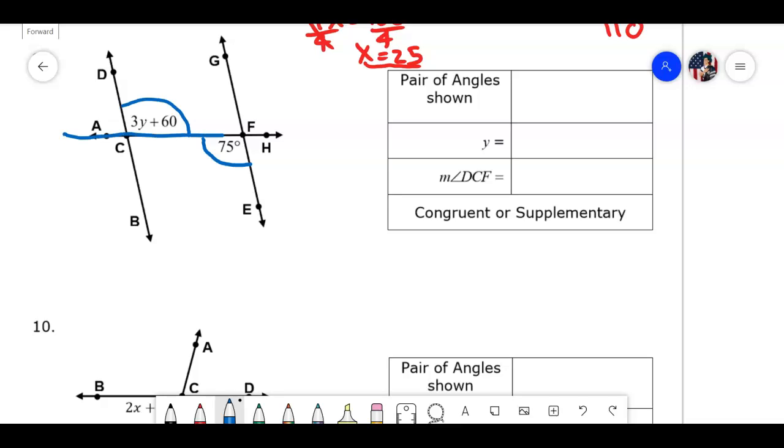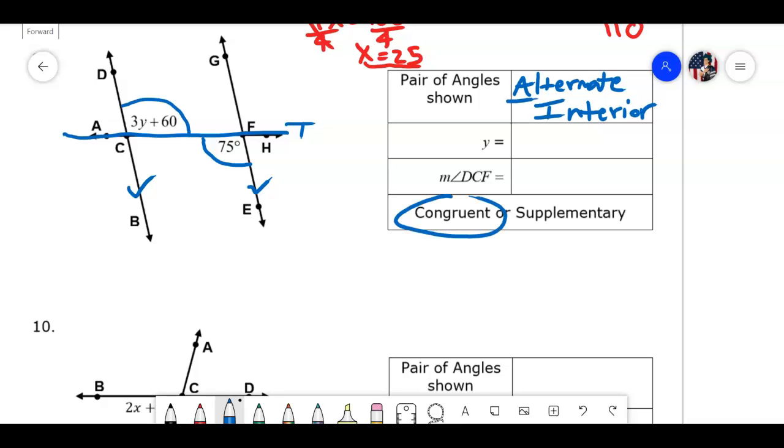They're on different sides of the transversal, so they're alternate, and they're in between the parallels, so they're alternate interior. And the rule: alternates are congruent, and you can tell they match. They're the same classification.